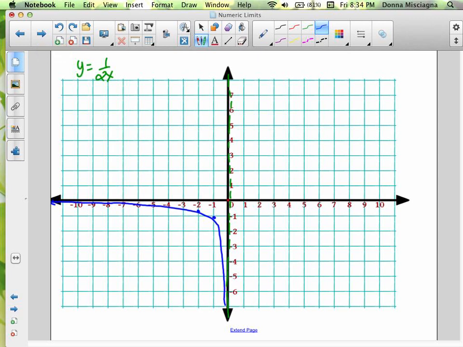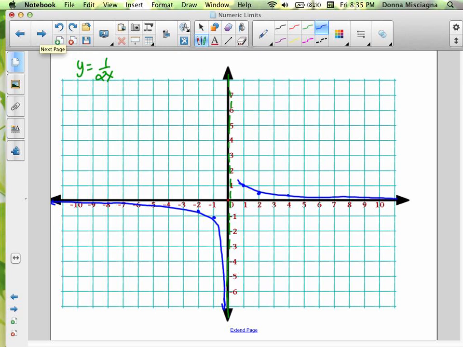But look what happens right here as we're getting closer to 0. Our function is growing without bounds in the negative direction. On the other side, these are the values from the table. Again, as x goes to infinity, these values are getting smaller.